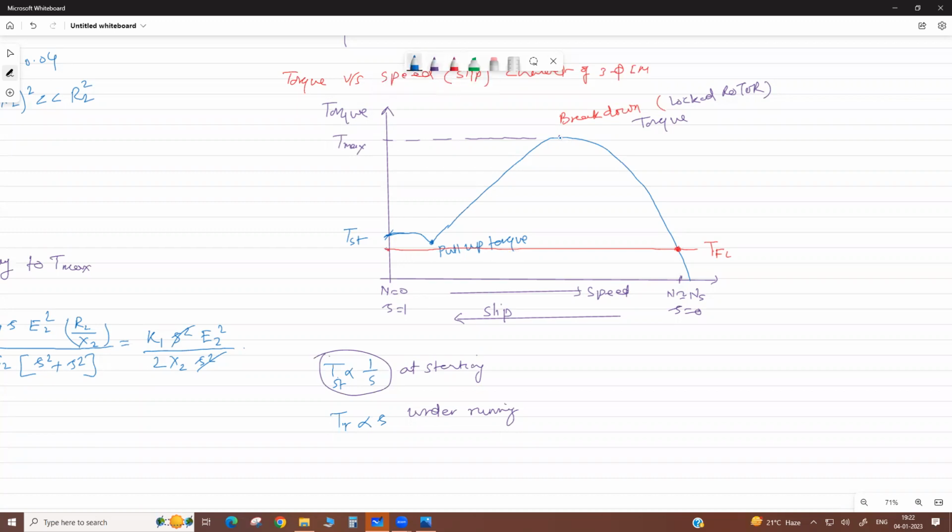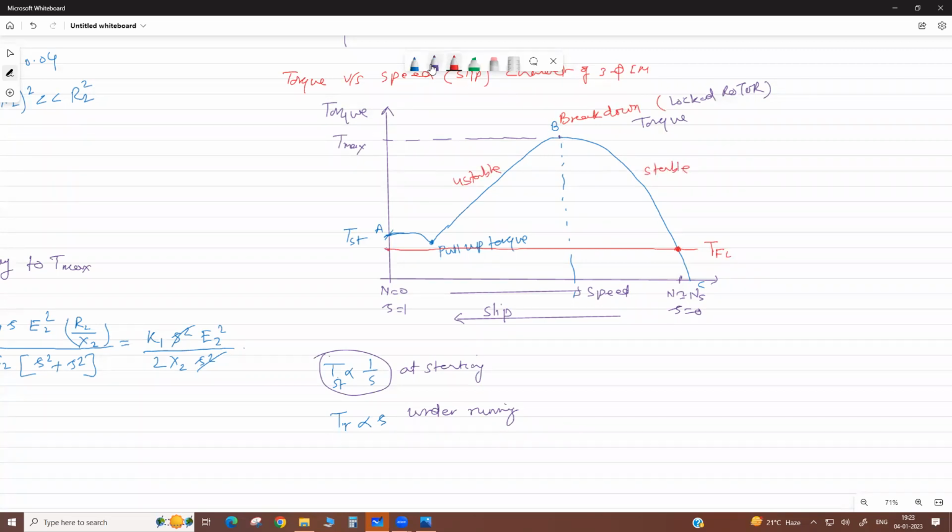From here, suppose this region is A to B, and then B to C. This region A to B is unstable, the operation here is unstable. This is the stable region.